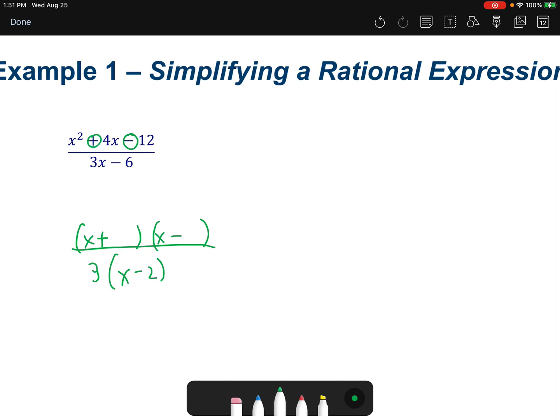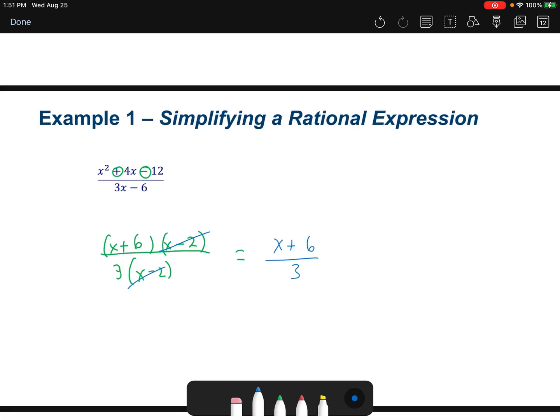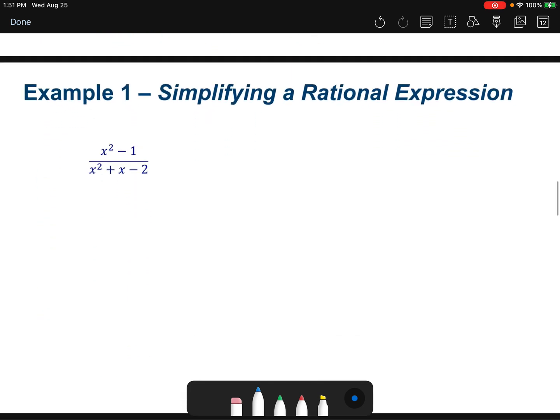This sign tells us the bigger number is going to be positive. What times what gives you 12 and subtracts to 4? I believe that's going to be 6 and 2. Now, here's where we get into simplifying rationals. The x minus 2's will cancel. Therefore, your answer then is simply x plus 6 all over 3. So not too bad. I believe you did this last year.